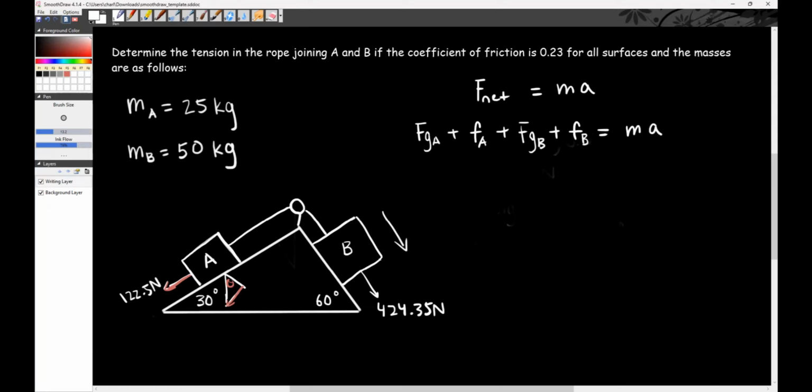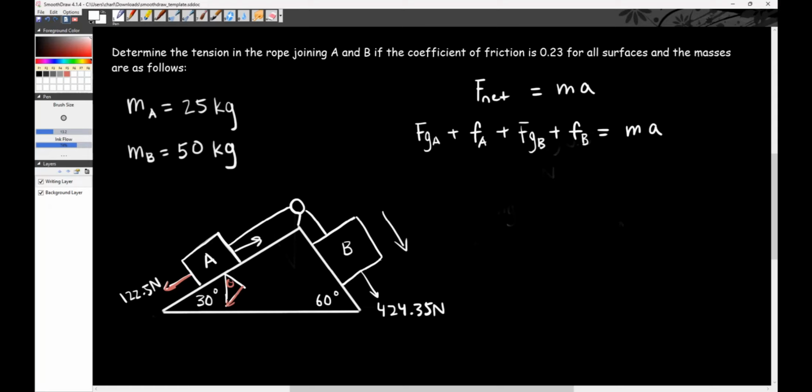And now we can start putting some positives and negatives on things. So we know that the direction of motion is this way. That means anything that is going in that direction is going to be positive, and anything that's going in the opposite direction is negative. So if we take a look at the force of gravity on A, that is going in the opposite direction.